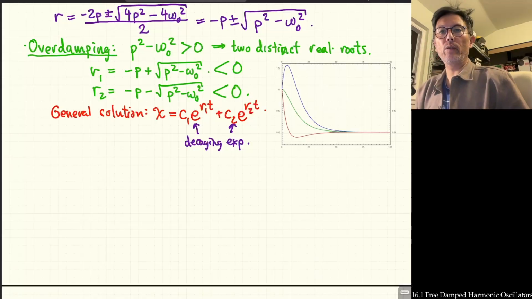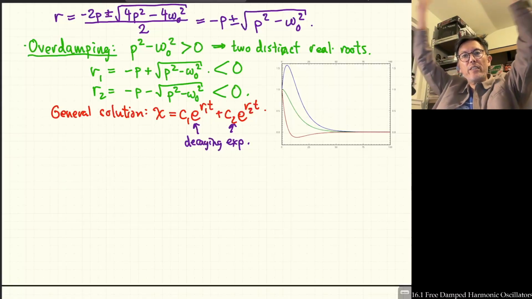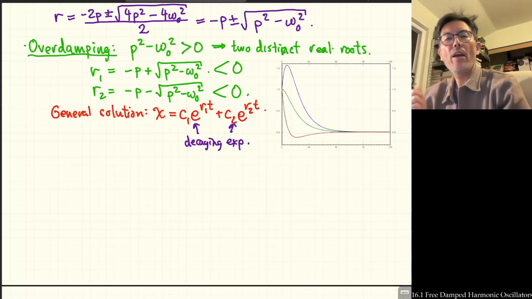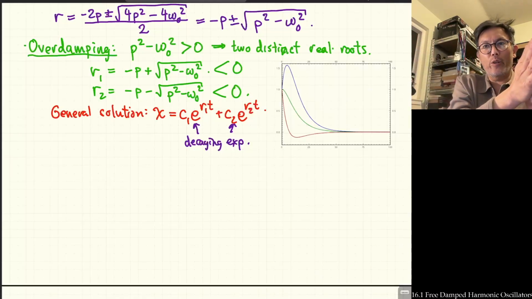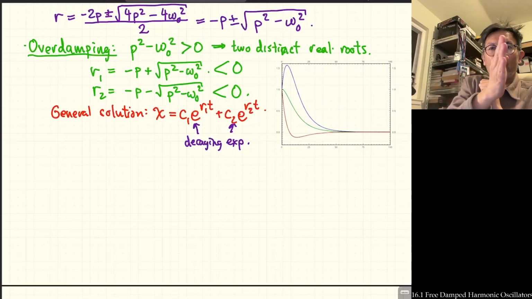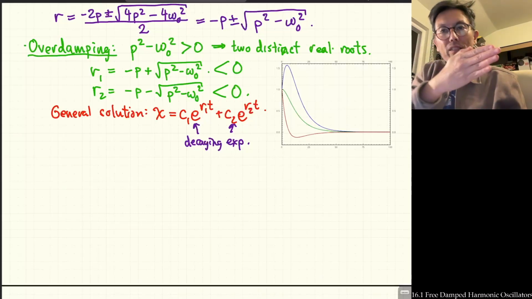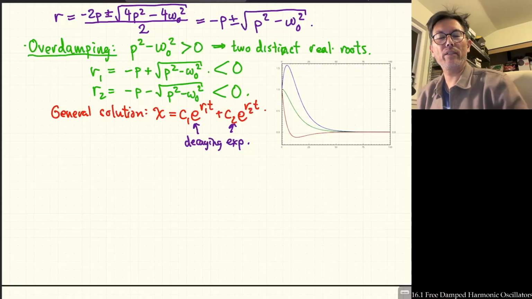Such oscillators are very useful. For example, have you ever noticed these things that are sometimes affixed to the top of doors? They're called dashpots. Their purpose is so that when you close a door, the door doesn't slam into the door jamb. It will slow down as the door closes and then more or less silently enter the door jamb and close without causing too much of a ruckus.